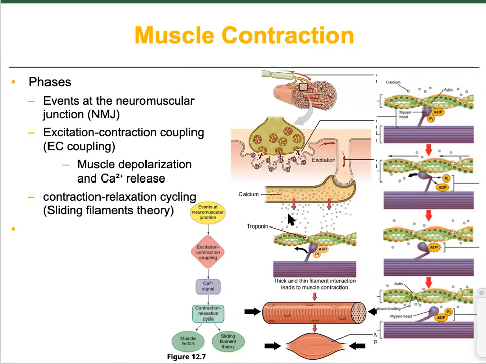That calcium release then allows for its binding to troponin, which, through detailed events we'll discuss later, allows actin and myosin to interact in such a way as to lead to muscle contraction.